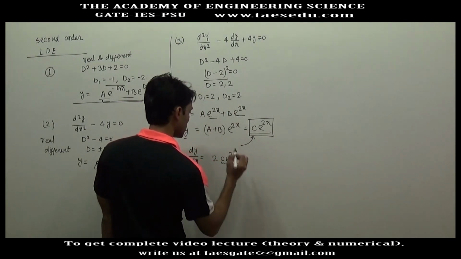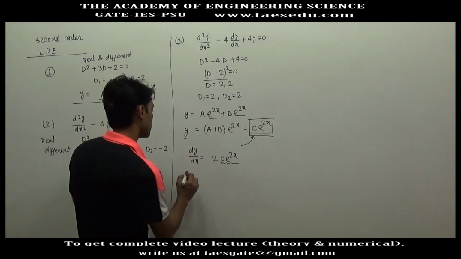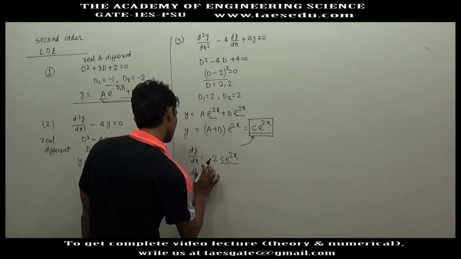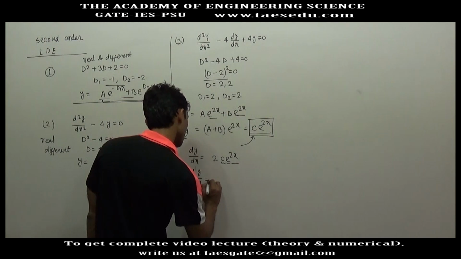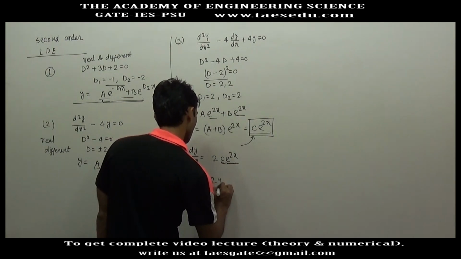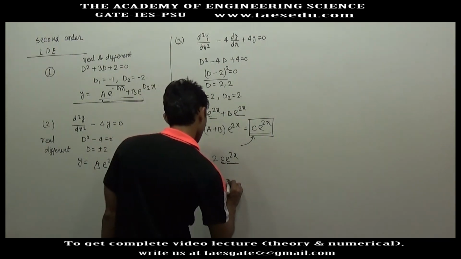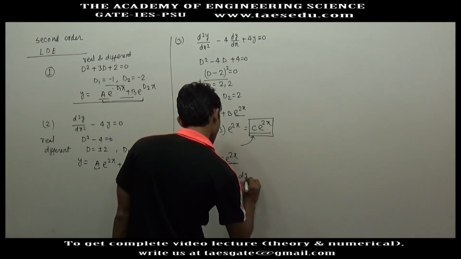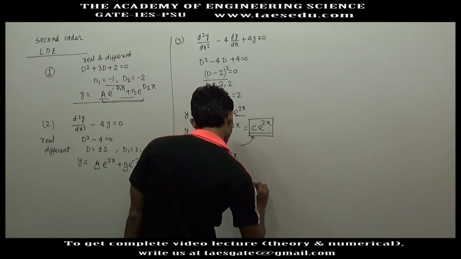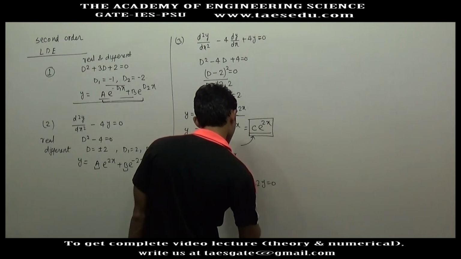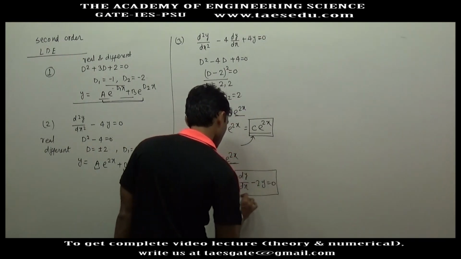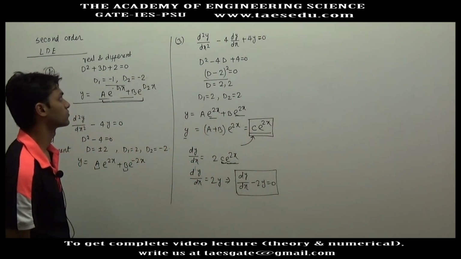And what is c e to power 2x? This is nothing but y, so dy by dx is 2 into y, or dy by dx minus 2y equal to 0. This is a first order differential equation.